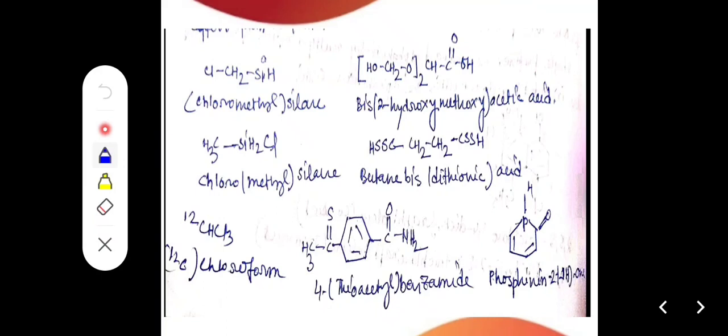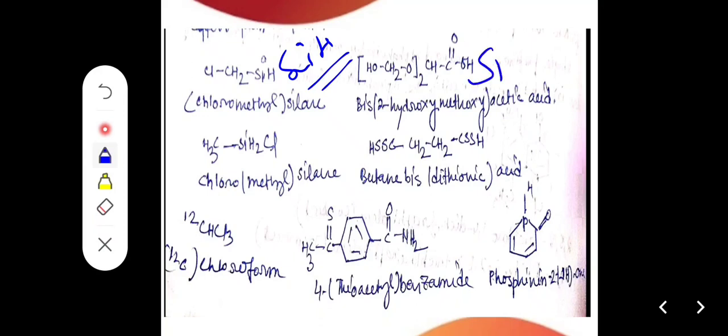First one: Cl-CH2-SiH3. When any compound has an SiH type of group, it is termed a silane group.